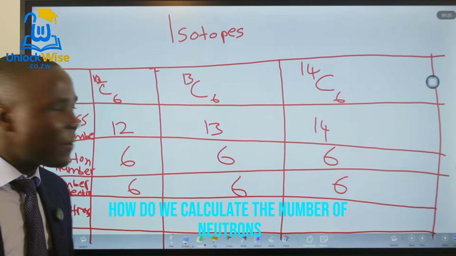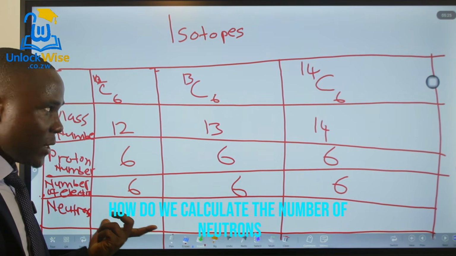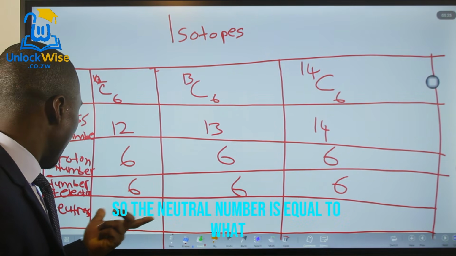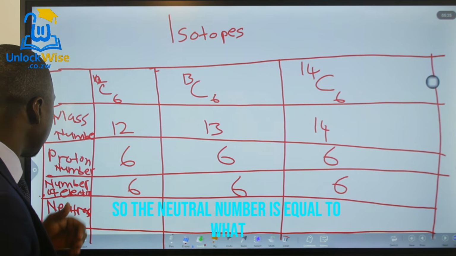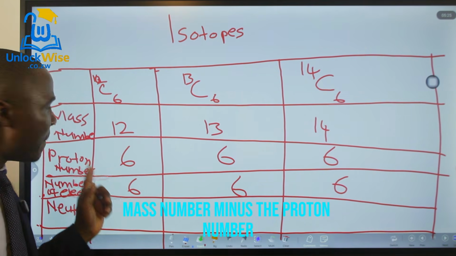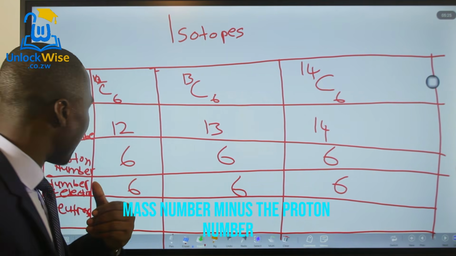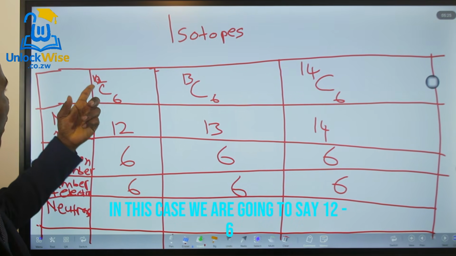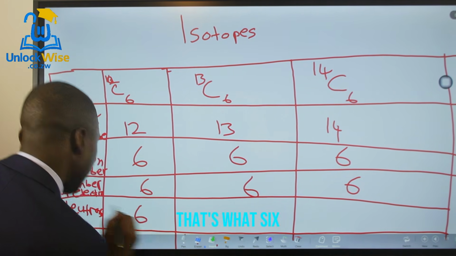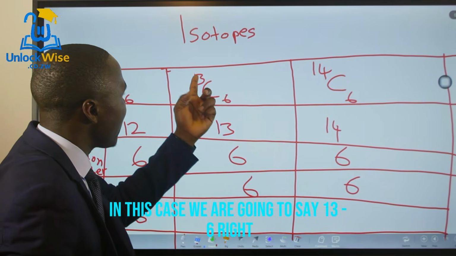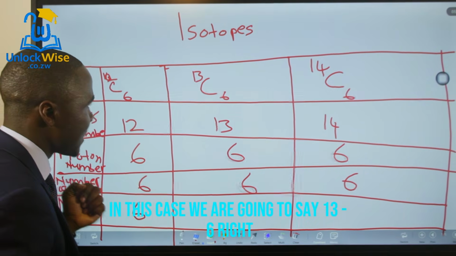How do we calculate the number of neutrons? The neutron number is equal to the mass number minus the proton number. In this case, we are going to say 12 minus 6. That's 6. In this case, we are going to say 13 minus 6.